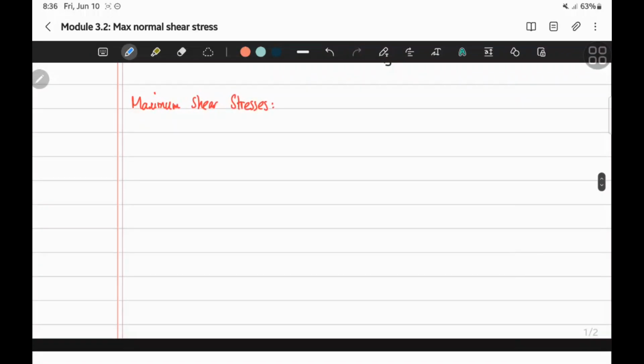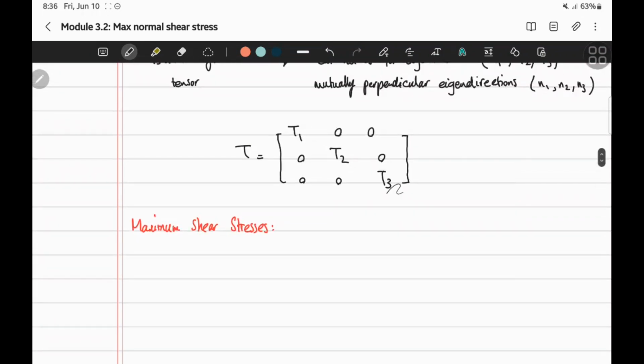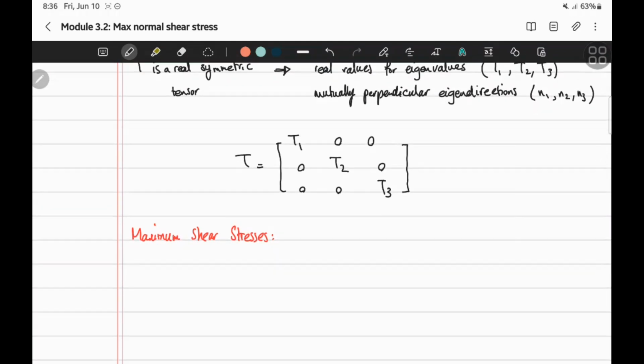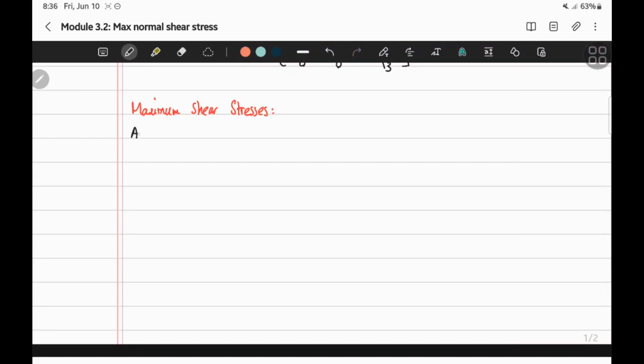So in order to find the maximum shear stresses, we have T1, T2, and T3, and we know the eigendirections. So let us assume that T1, T2, and T3 are principal values, or our eigenvalues.